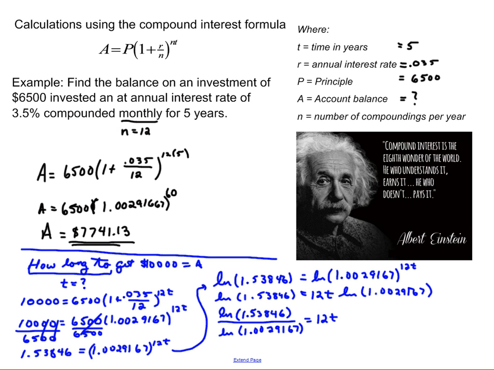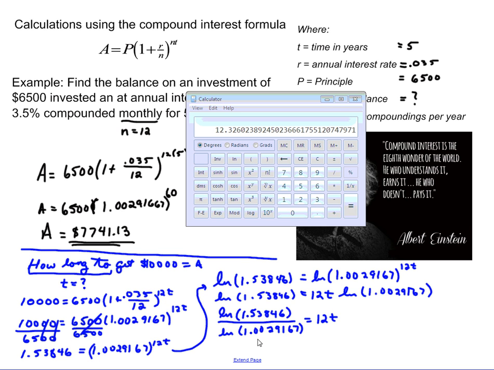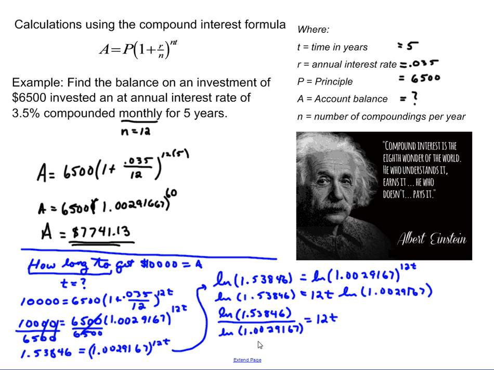And of course, when I find that value, I get t is equal to 12.326 years. Good Lord, can't even keep track of my own calculations. 12.326 years.